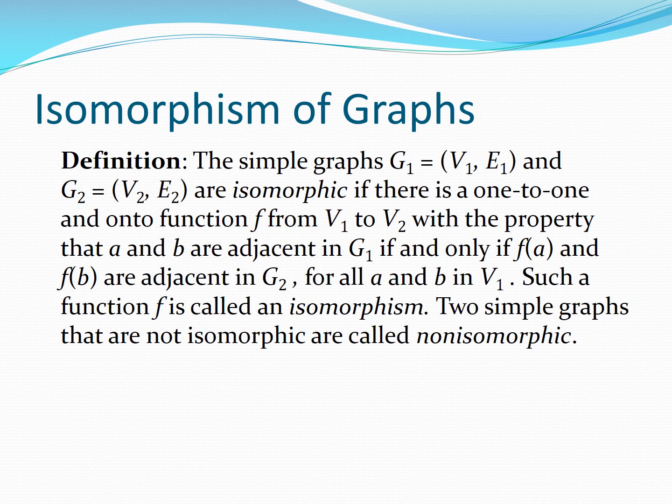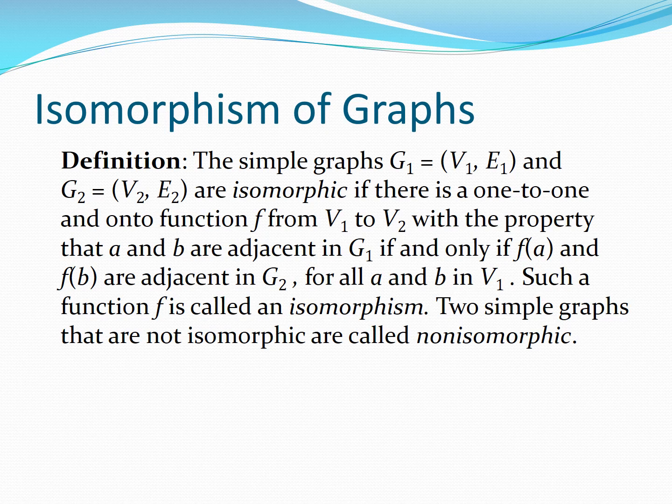Two simple graphs, let's say G1, which contains a set of vertices V1 and a set of edges E1, and another graph G2, which contains a set of vertices V2 and another set of edges E2, are said to be isomorphic. When do you say they're isomorphic?